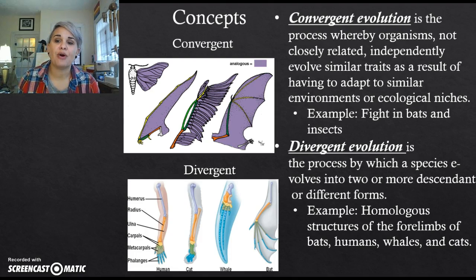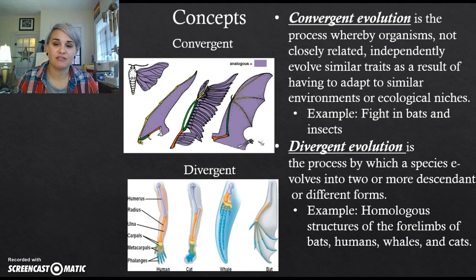For example, flight in bats and insects. They're not closely related, but they do fly. So it's analogous. Their wings are analogous. But they don't evolve from the same structures.